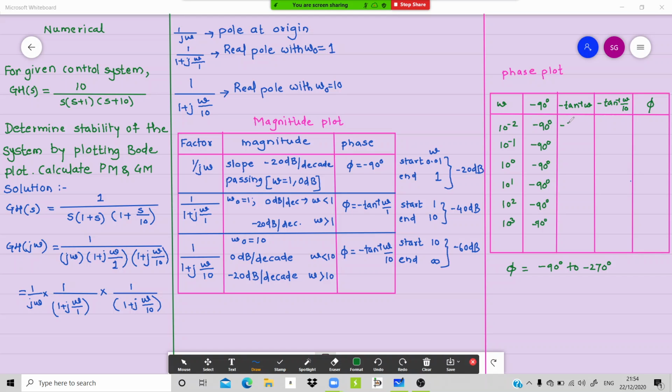So this is coming out to be minus 0.57, minus 5, then minus 45. We know this, right? You get 45 when it becomes the break frequency. So 10 raised to 0 means 1. At 1 the break frequency comes for the second factor, this one. So you are going to get minus 45 at that point.